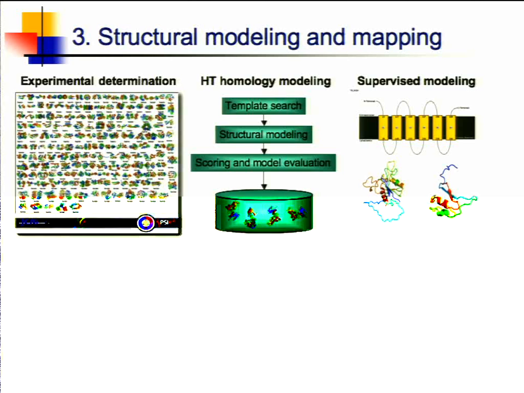For those that failed this high-throughput approach, we go back and use manual or other approaches to build supervised models, so that they are as accurate as we can make them.